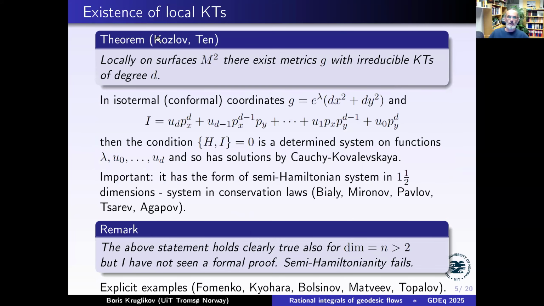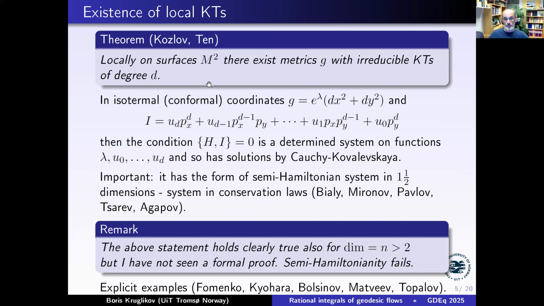Existence of local Killing tensors. Actually, they always exist, and we would like to say something like irreducible. Of course, if you have one polynomial integral of degree d1 and another of degree d2, you can multiply them and get a polynomial integral of degree d1 plus d2.